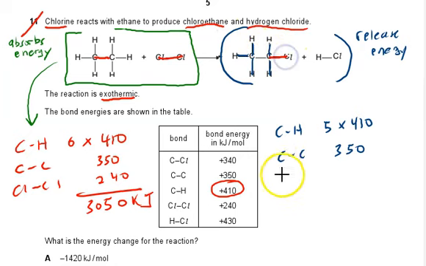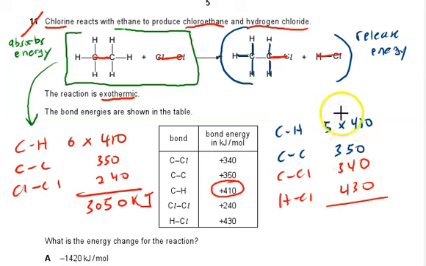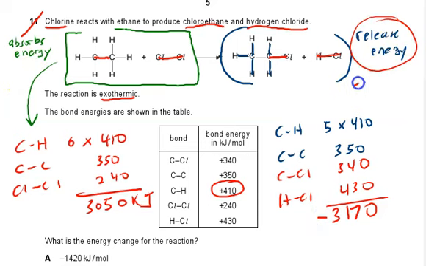Look at carbon and chlorine. So carbon and chlorine, we have here about 340. And hydrogen and chlorine, we have about 430. So this should be negative. So all total up, you will be getting here about 3170, and this is minus because they release the energy, so we can assume it is exo and this is endo.